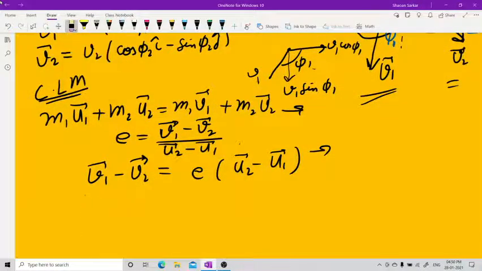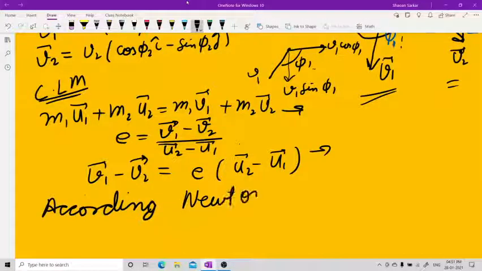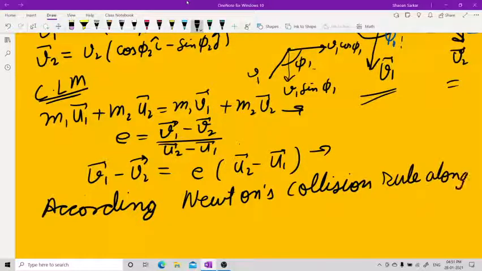According to Newton's collision rule along the x-axis only. We are talking about this.